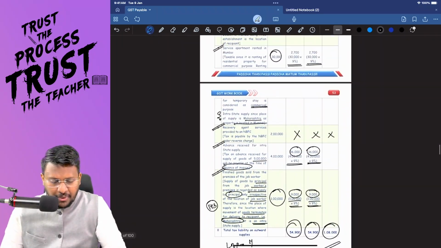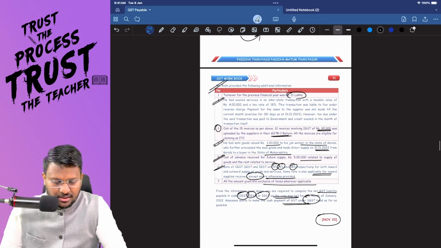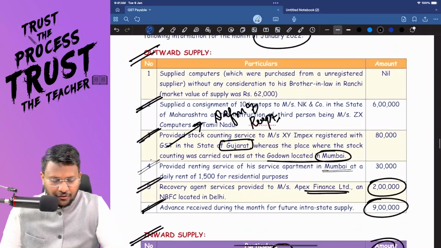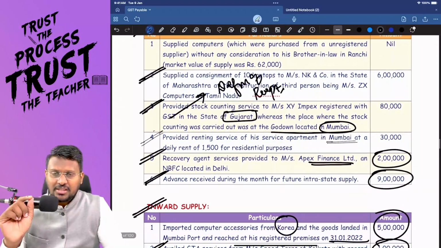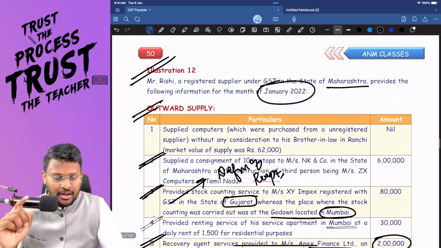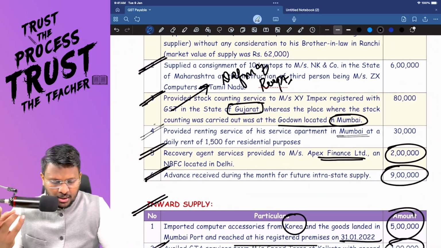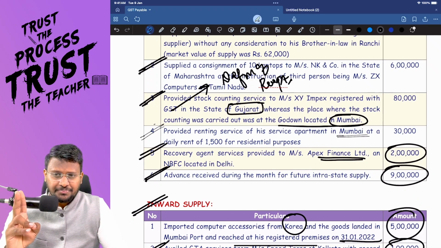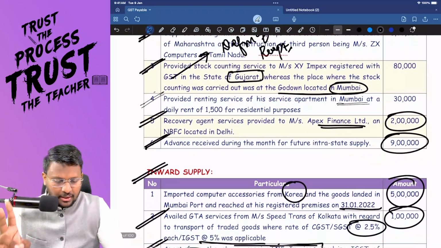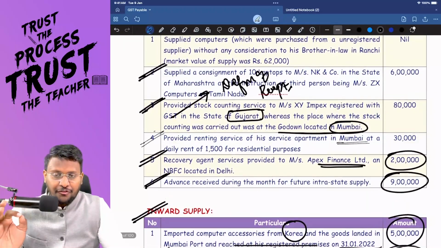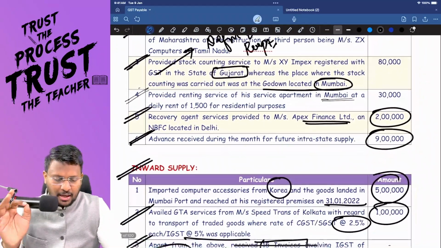So what are the major important things we have to revise in this, my dear lovable students? The first one is the first adjustment, they are talking about the related definition, related party. Then number 2 is, sir, consignment supplied, very simple, that is bill to ship transaction. Then, sir, what is the definition of the recipient they are talking about?